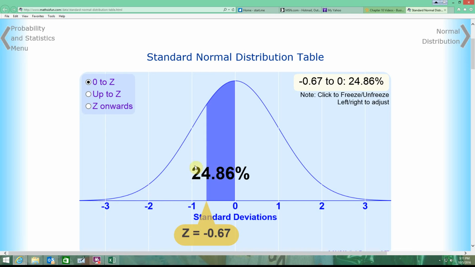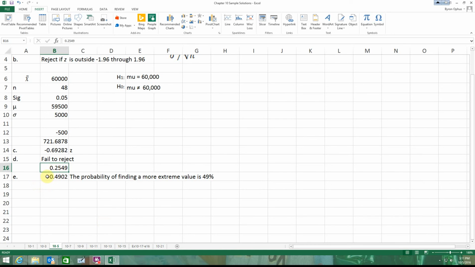But I'm interested in finding out what this area is, right? And then this area over here as well, if I got a two-tailed test. So I've got to take this is equal to 2 times parentheses 0.5 minus this.